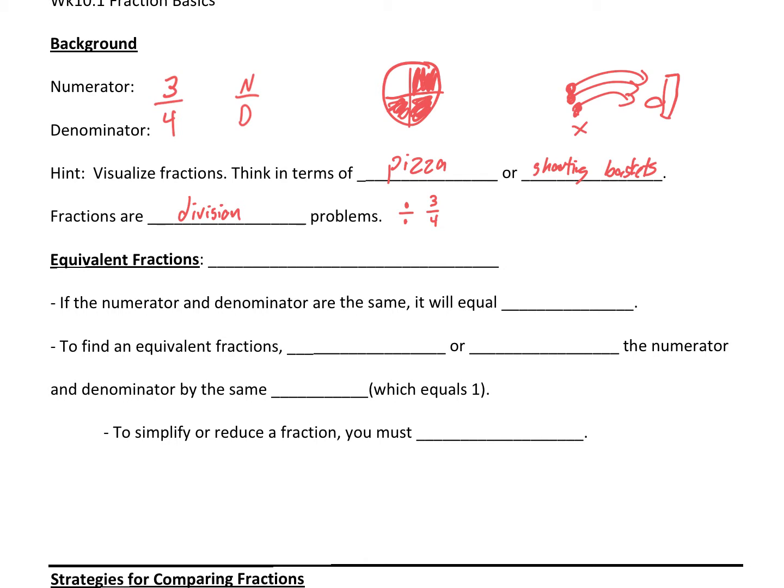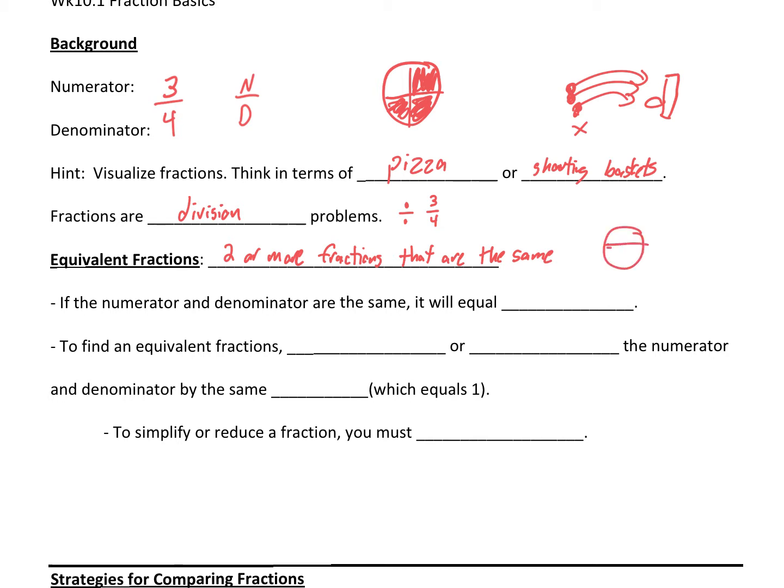All right, let's talk about equivalent fractions now. What are equivalent fractions? Equivalent fractions name the same amount, but they have different numerators and denominators. So, what are equivalent fractions? 2 or more fractions that are equivalent, that name the same number. So let's say we deal with pizza.